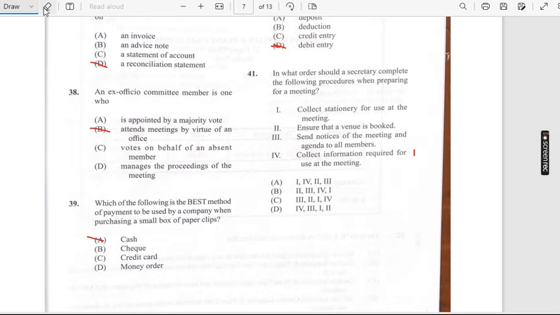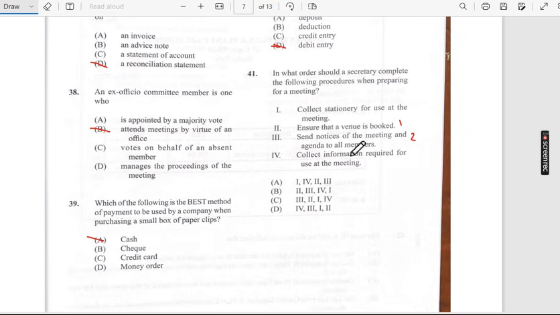This is wrong. I'm doing it wrong. Oh gosh. Alright, first thing first you have to do. Let me see. It said ensure menu. I said after ensure menu is booked, you would then have to send notice of the meeting to all members.